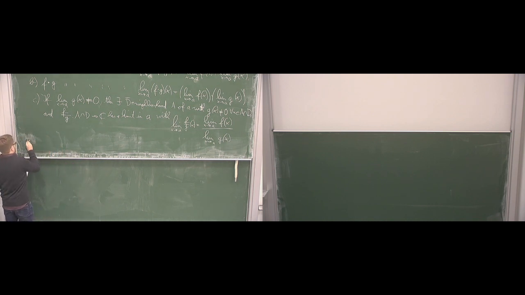And here, as I said, I will not really go into detail because basically we need sequential continuity, or in other words, the theorem I had before, the sequence criterion for limits, and then basically the same thing we did for continuous functions.